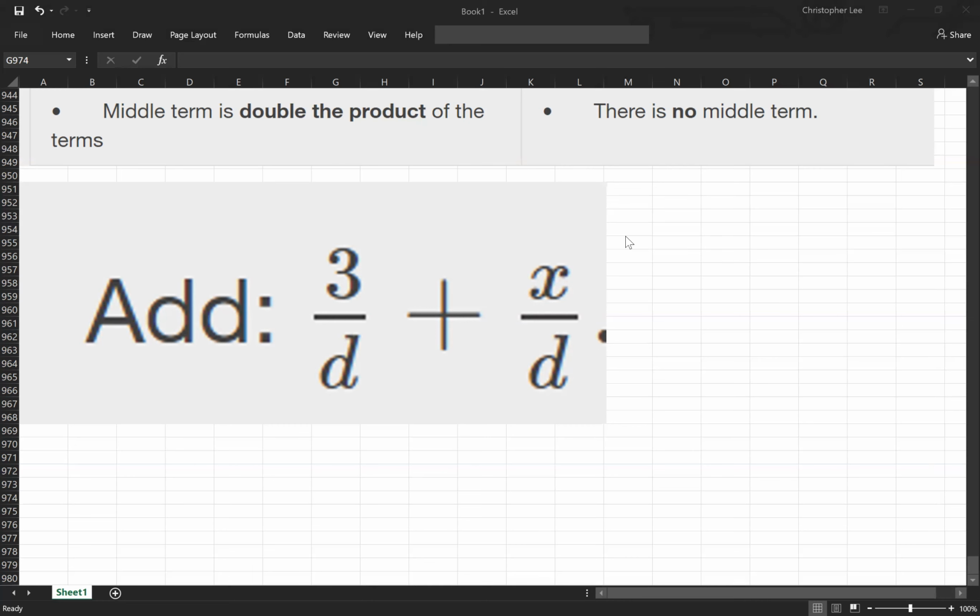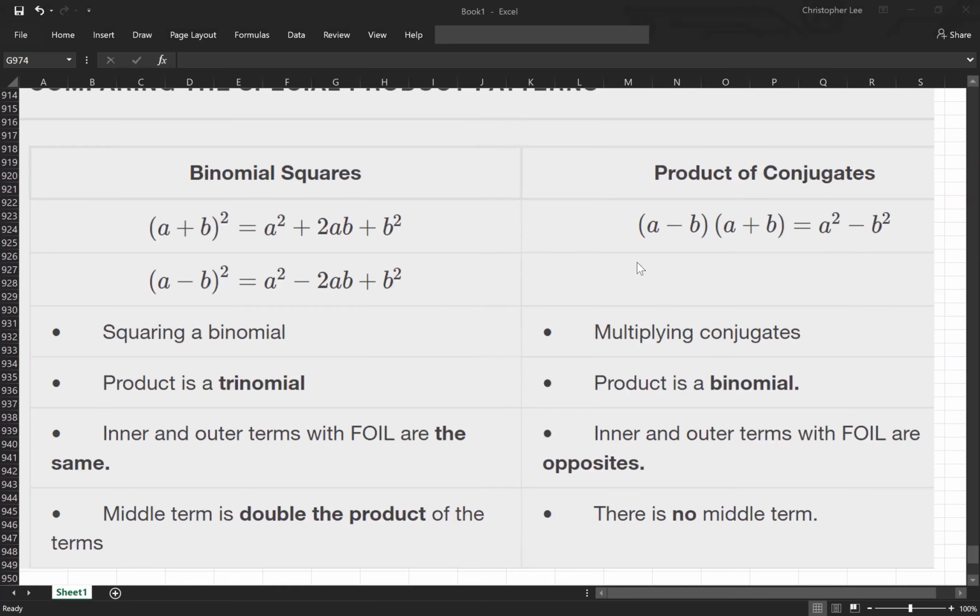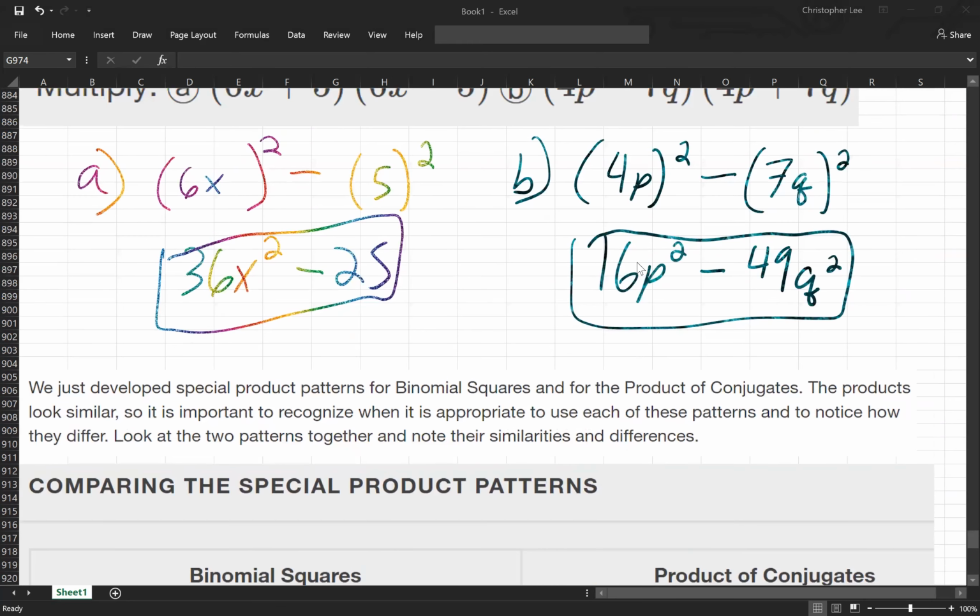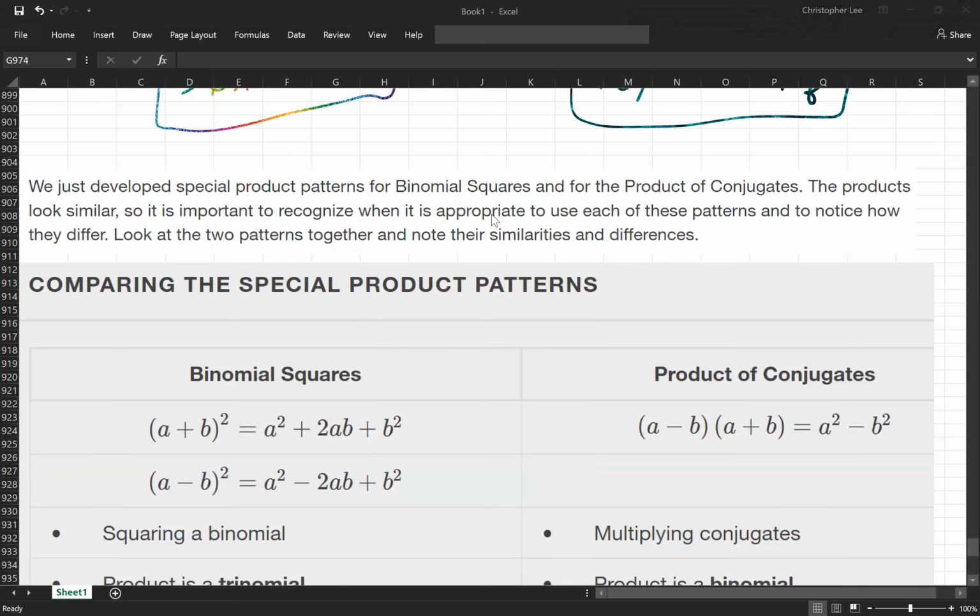So why is it still squared? Hold on. Because the 25 doesn't have a square on it, because 5 times 5 is 25. That's why it's like that. Sorry about that.